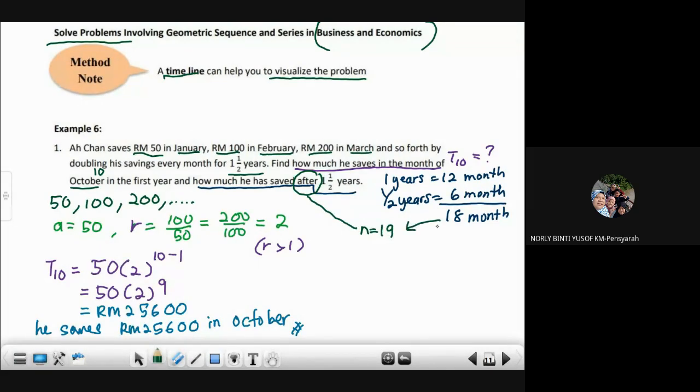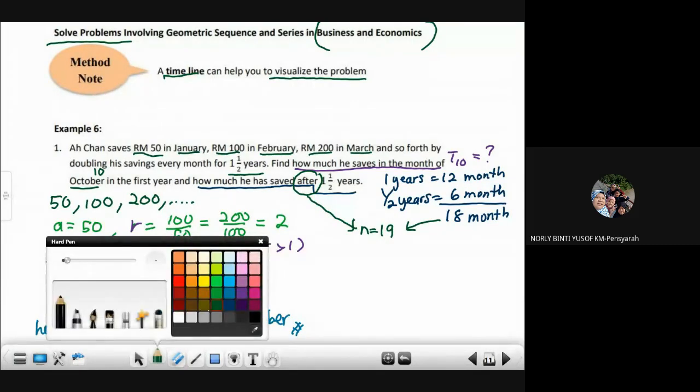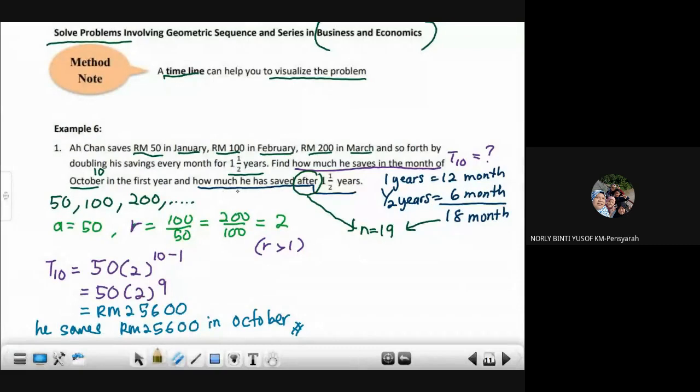Like yesterday, after 6 years, the T is 7. There is an F, but it uses TN. This is S, because how much has he saved means the total. Here, how much he saved means sum, SN. So here it is S19, and the formula is ar^n for SN.